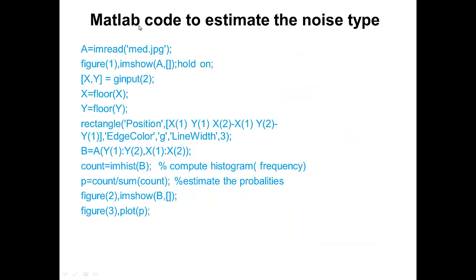This is the MATLAB code to estimate the noise type. I will use an example to show how to do that. If you see this code, first we get the image. Read the image into the matrix A, then show the image. I put hold on here. That means when you show the image, it will stay there.